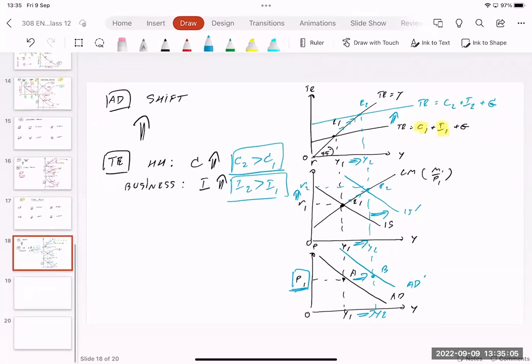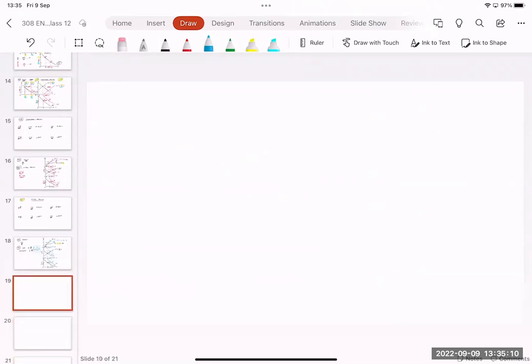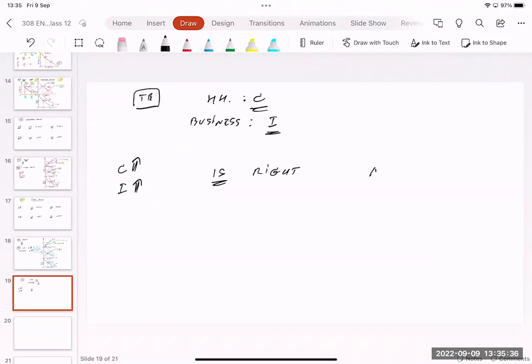So then we can make the conclusion. Total expenditure for households, which have consumption C, and the business sector, which has I: if the household sector consumes more and the business sector invests more, the IS curve is going to shift to the right, and the aggregate demand curve also shifts to the right.